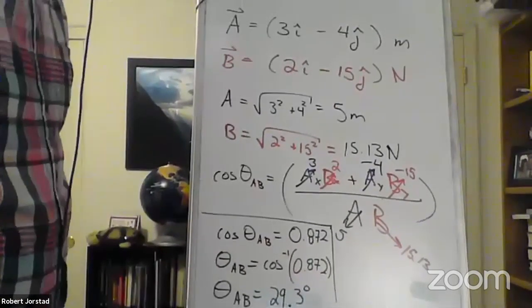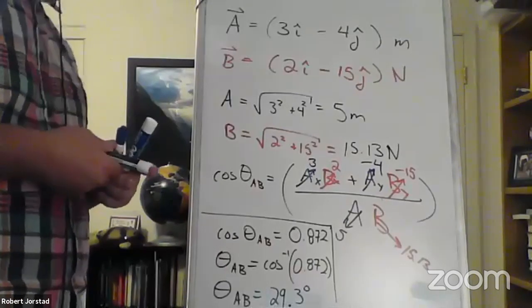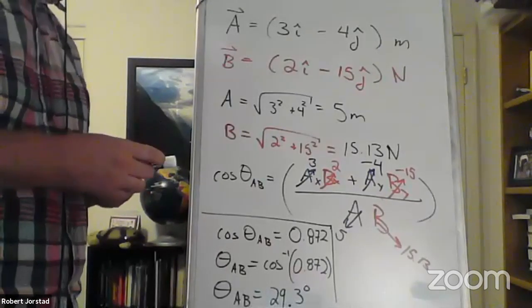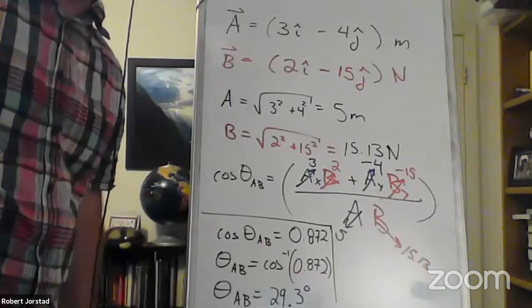Almost all fits there. Whew, that was a tight fit. Okay, so this is how you can get the angle between two vectors.